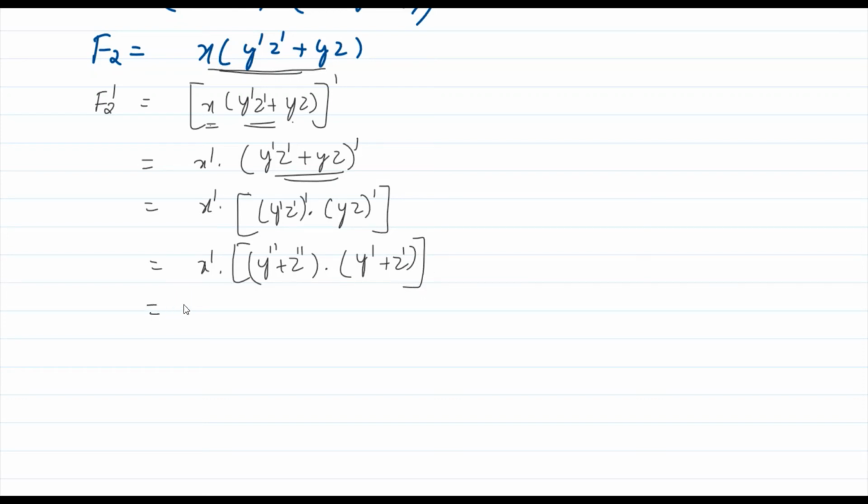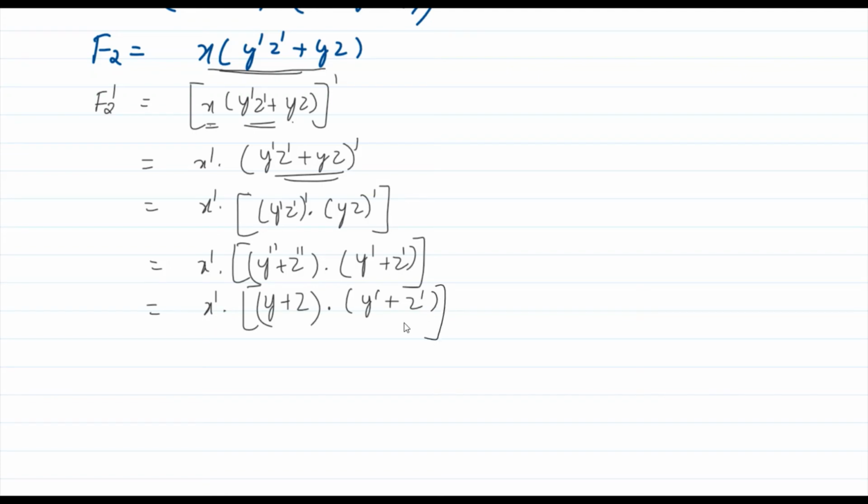Now write x prime dot y double prime means what, again it is y by the rules as we discussed before. Z double prime means what, z itself. Okay, dot y prime plus z prime.